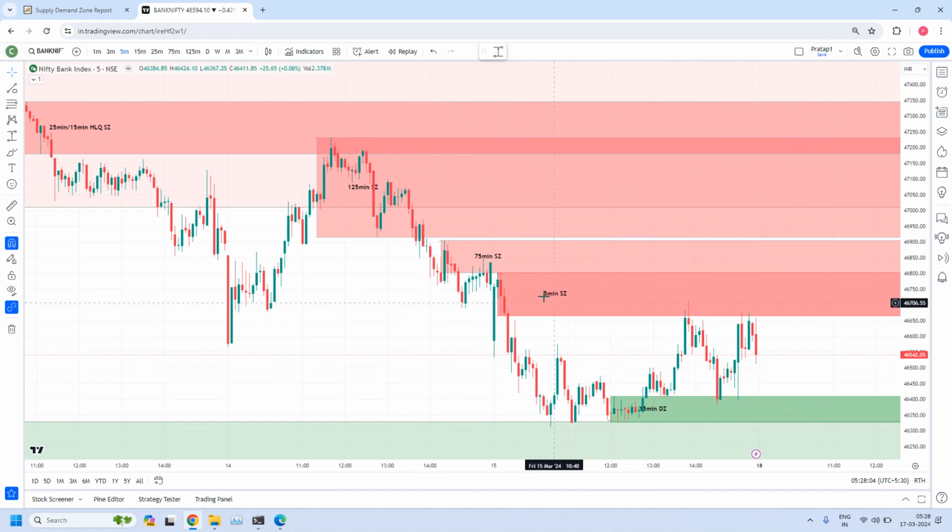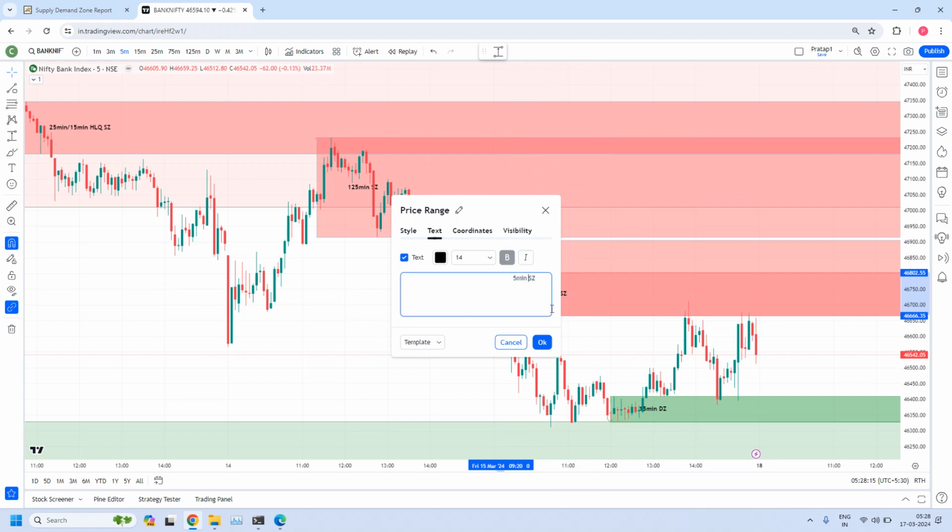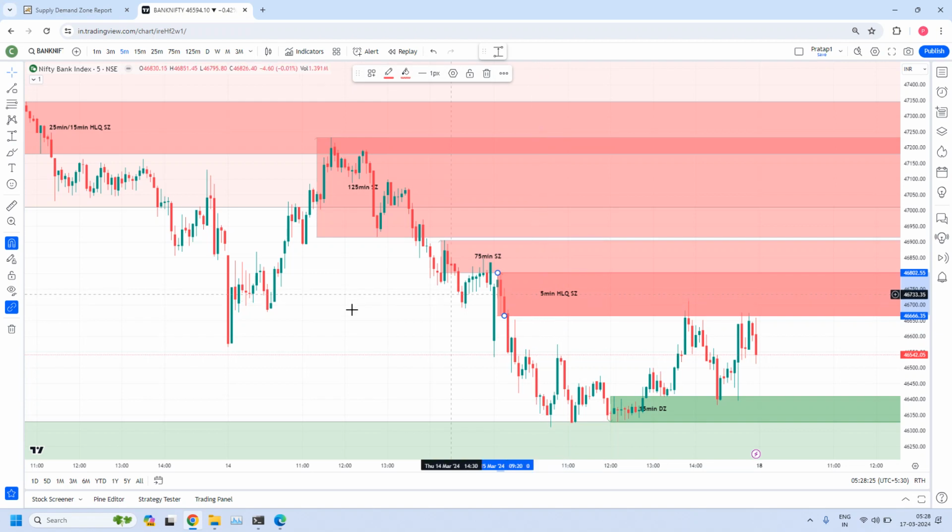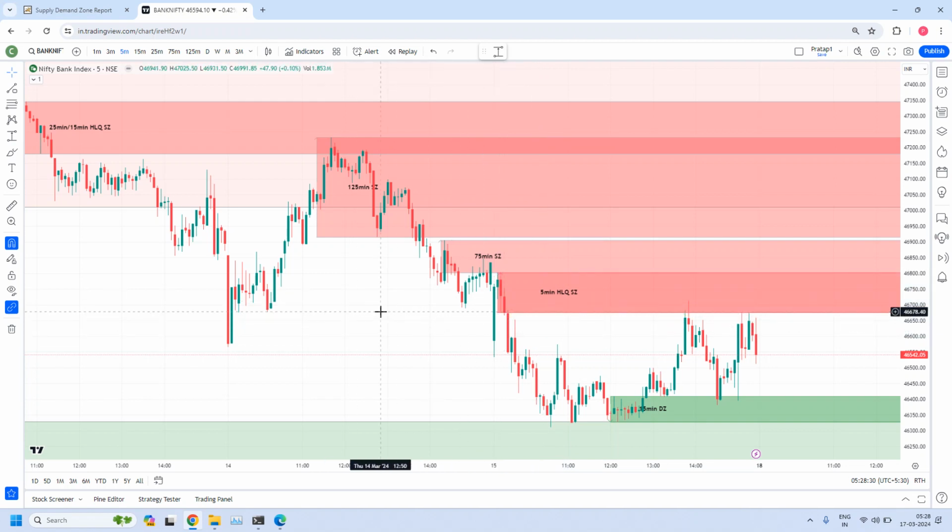Okay, this is the 5 minutes. In case this 5 minute supply zone is violated, let us assume demand is very strong on Monday, if this is violated, then what is the next thing? I have to draw this, the 5 minutes HLQ supply zone. Just assume this supply zone is violated, then where will we get the support?